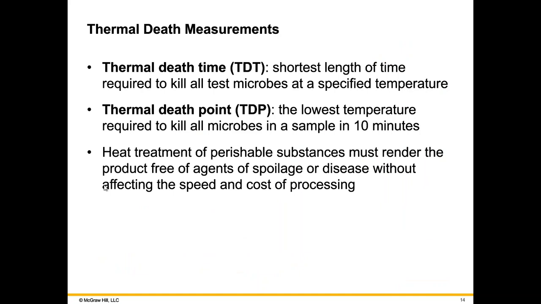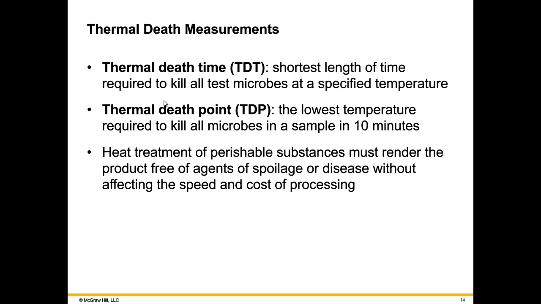Okay, a couple more definitions: the thermal death point and the thermal death time. Thermal death time is the shortest length of time required to kill microbes at a specified temperature, whereas thermal death point is the lowest temperature required to kill all microbes in a sample in 10 minutes.